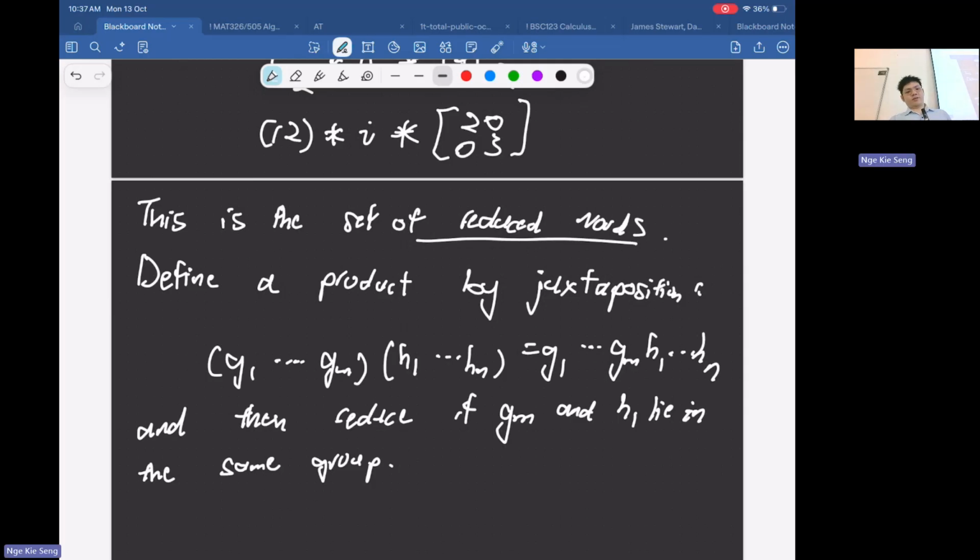Wait, let me think how to put this. The identity, let me think. So this is juxtaposition, right? Let me think. So nothing. It should be nothing. Empty word.